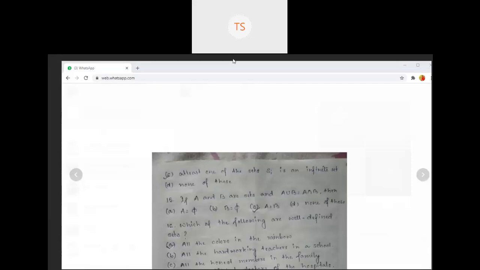Okay, I'm giving you one example. First of all, you have a set A whose elements are 1, 2, and 3. Then you have another set B whose elements are 4, 5, and 6, and a third set C whose elements are 7, 8, and 9. Now, what is the union of A, B, and C?